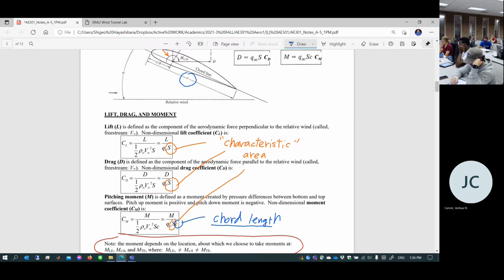Okay, that's a good point. Go ahead. Is this the overall chord length no matter where you're taking your moment? Again, we're assuming that the chord length is constant, like a chocolate bar wing. Suppose you design a different kind of wing. Typically, you have to take a mean aerodynamic chord. We're going to talk about that in flight mechanics class.